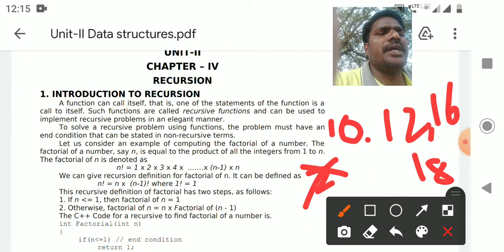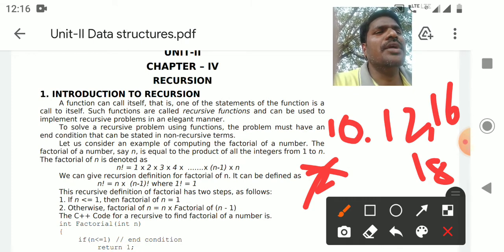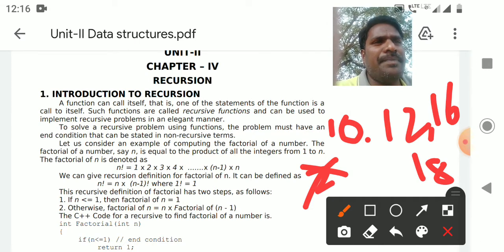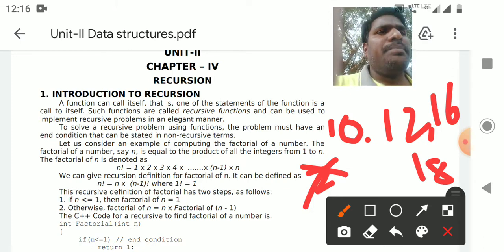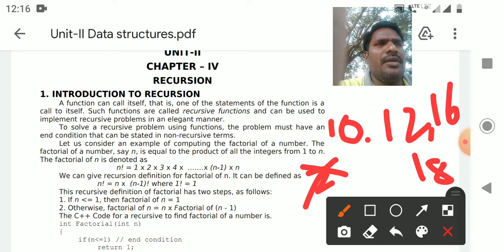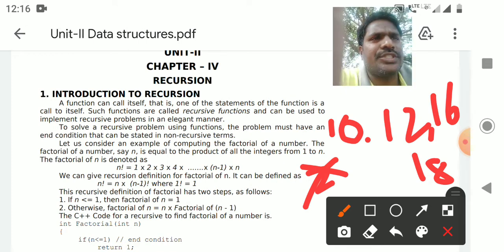If 16 is equal to the middle element, I say that the element is found. Otherwise, I will go to the left or right list, and again divide that list into two parts. Like that, we already discussed binary search. The same question was asked in the examination also. So like that, when the problem solution contains a sub problem, that problem is called a recursive problem. The recursive problems can be solved using the concept of recursive function.